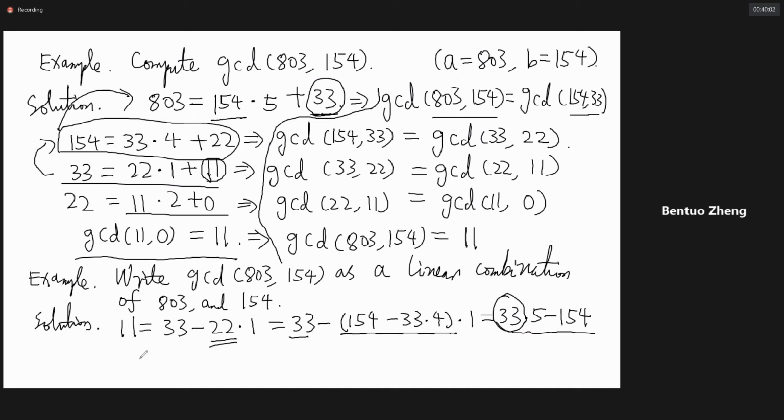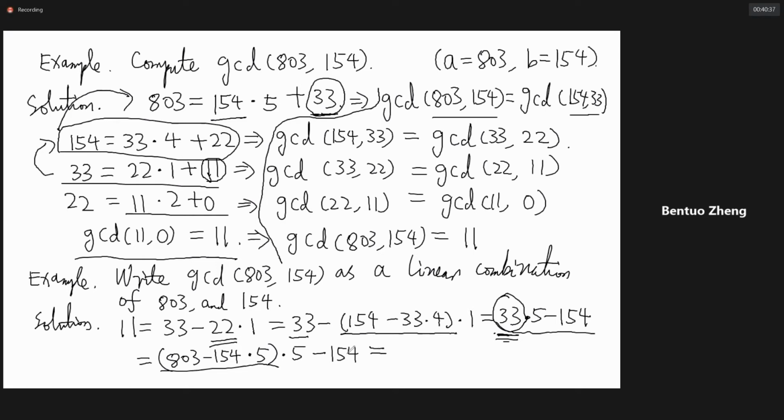What you get in the last step is 803 minus 154 times 5. Okay, this is to replace this 33. So you have a multiply 5. Don't forget about multiply 5. And minus 154. Okay. So the parentheses replace 33.